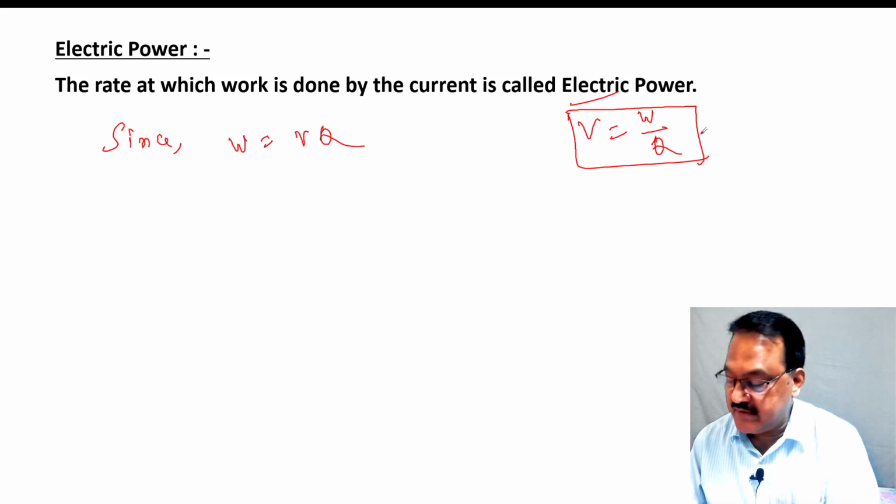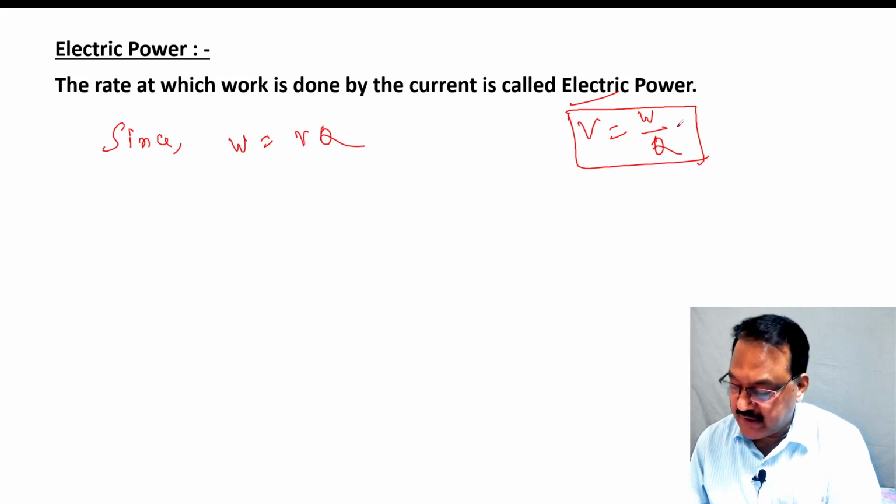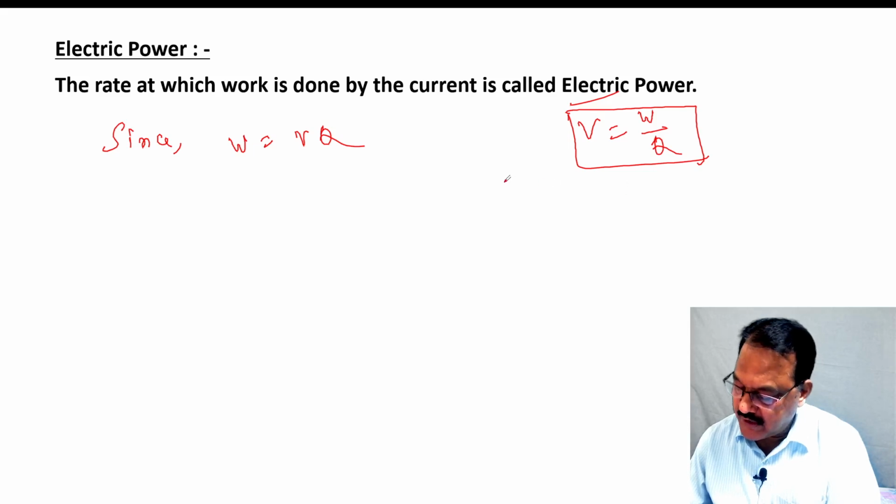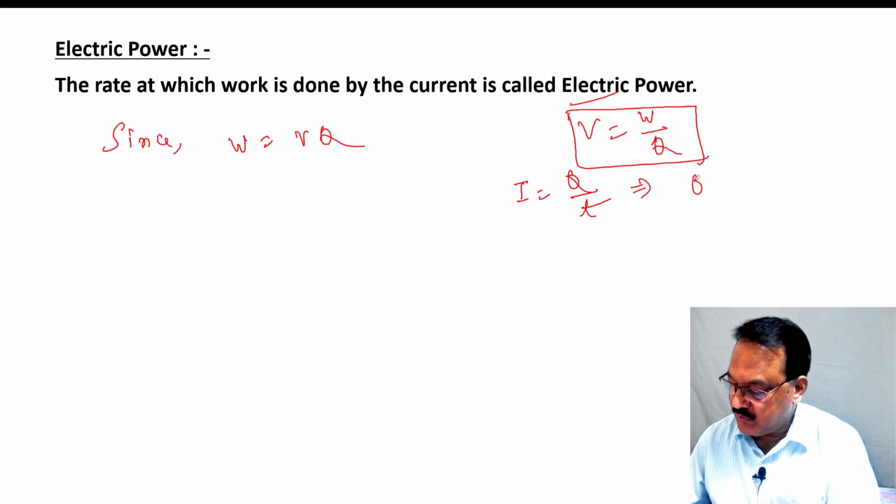The total work done per unit charge by the current is known as potential difference, that is V. So we can calculate W is equal to V Q. And next, as we know, I is equal to the rate of flow of charge, Q by T. So we can write here Q equal to I into T. We have seen also earlier.